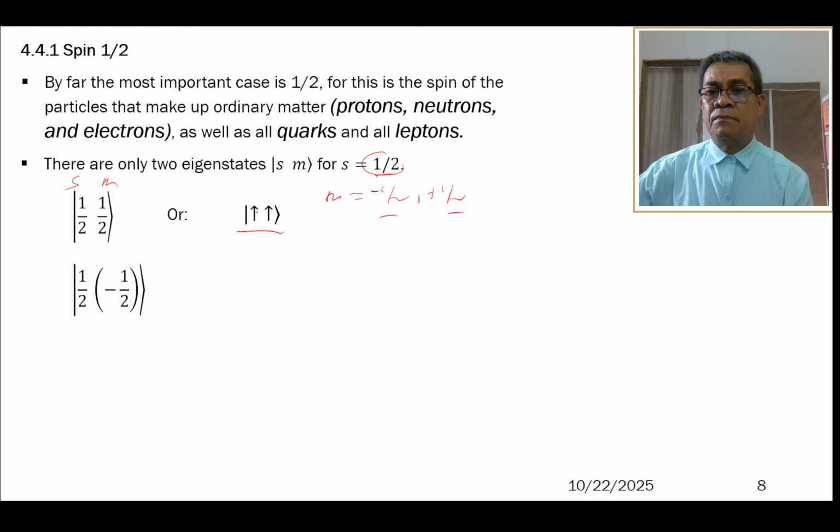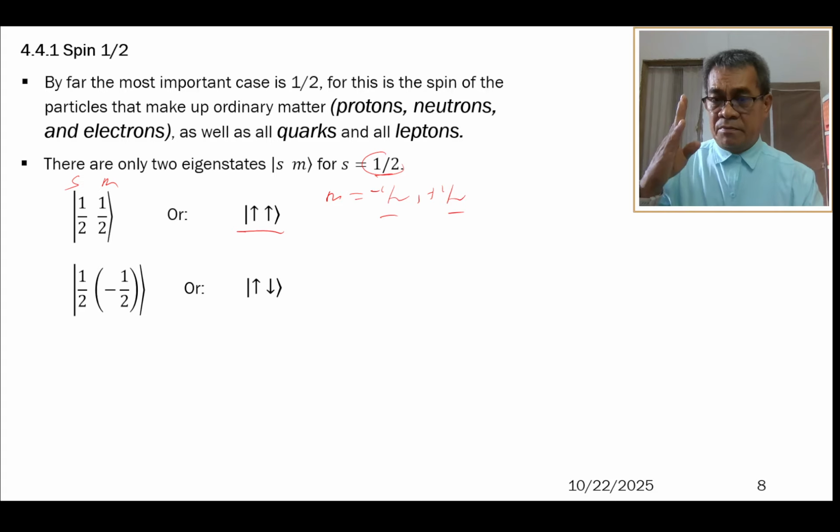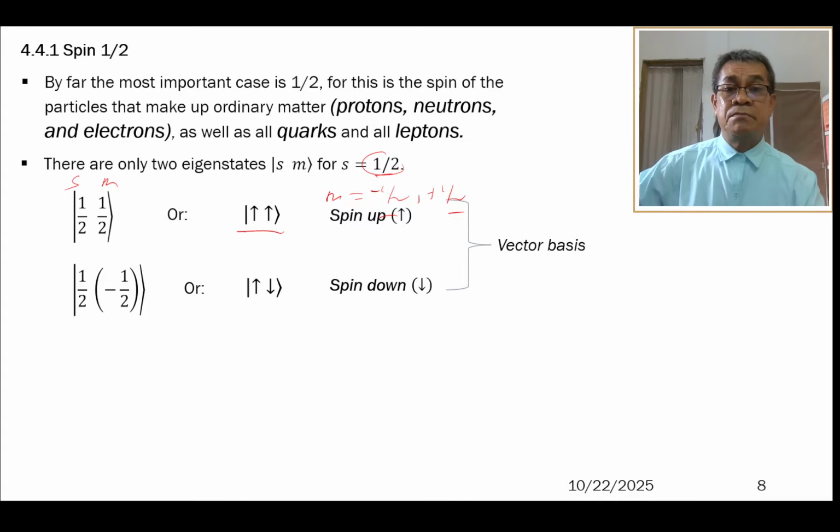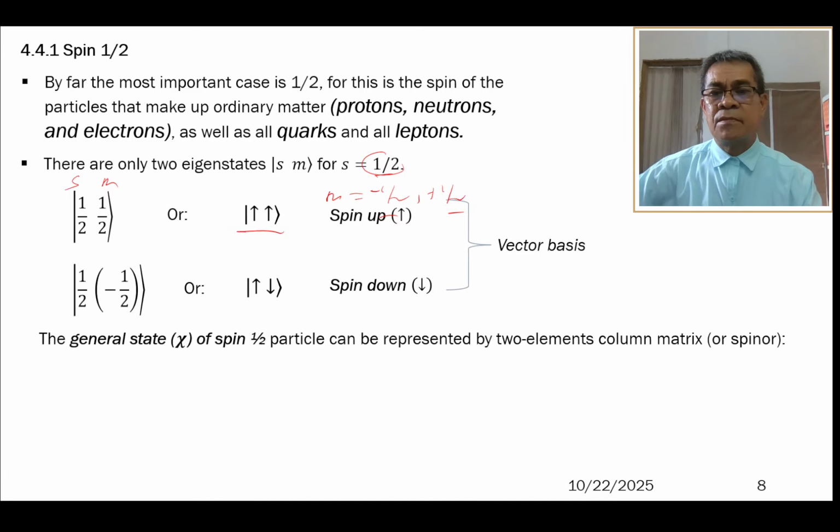The arrow up means spin up. The arrow down means spin down. So spin up and spin down, then these are the vector bases. These are the two eigenstates in terms of this basis.